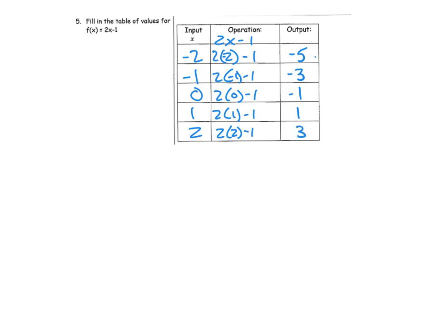So how are my Y values changing? Is it subtracting by 2? It's adding by 2. We're adding by 2 on each one. What about my X values? We're adding 1.